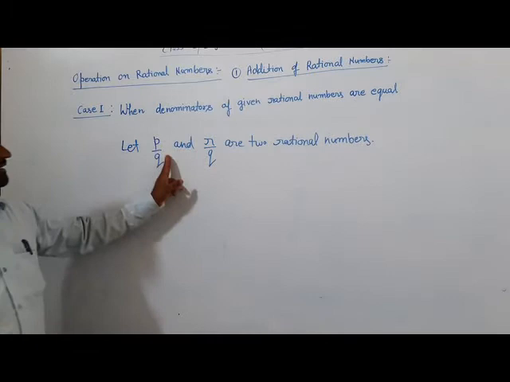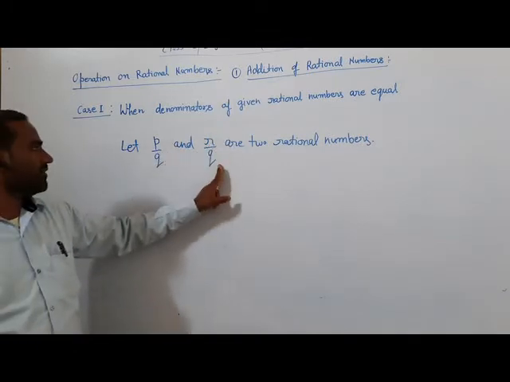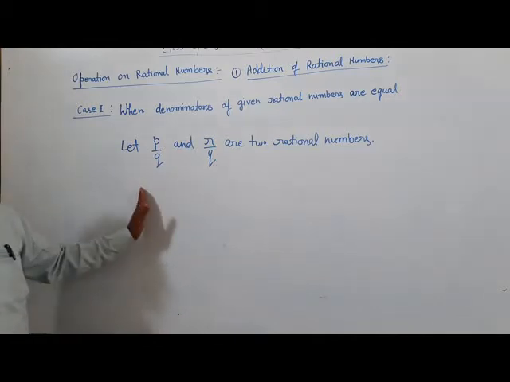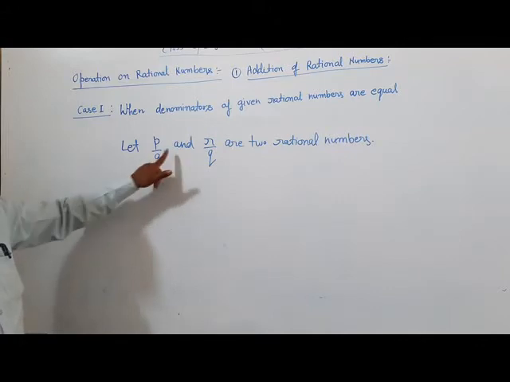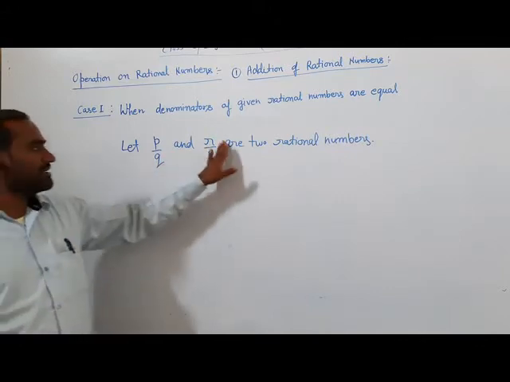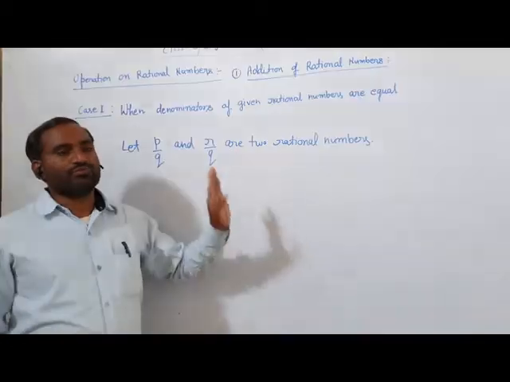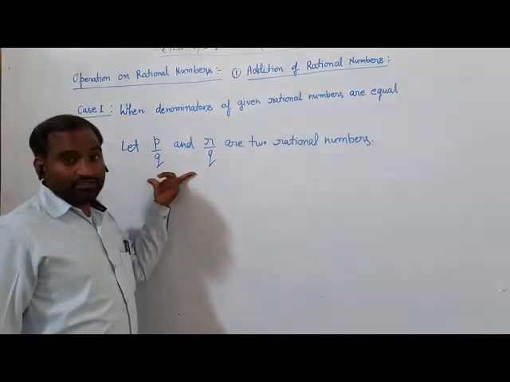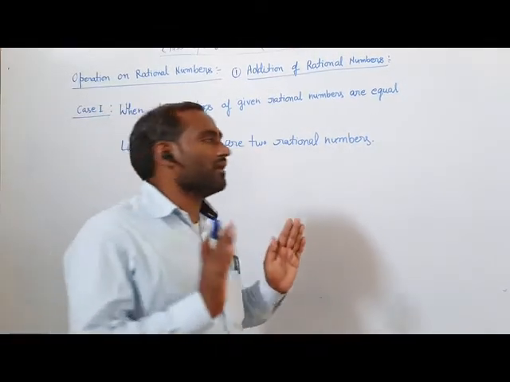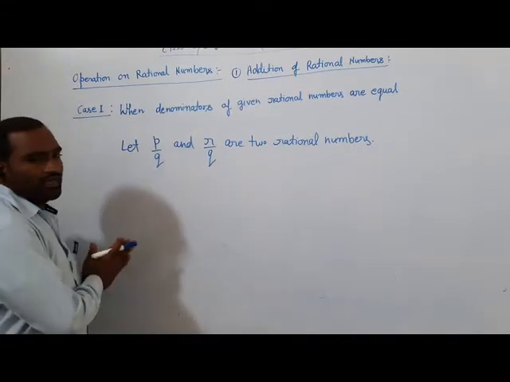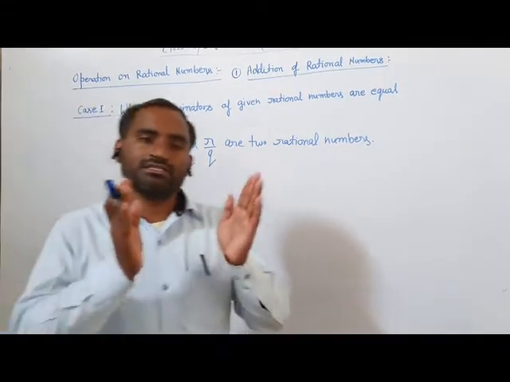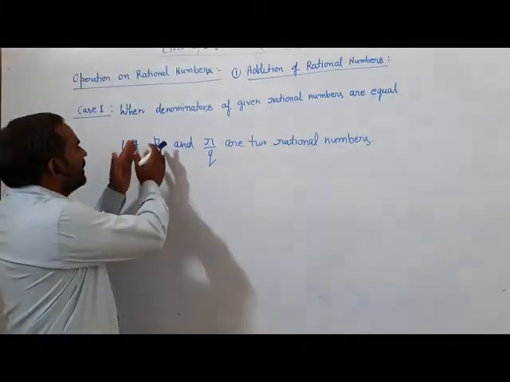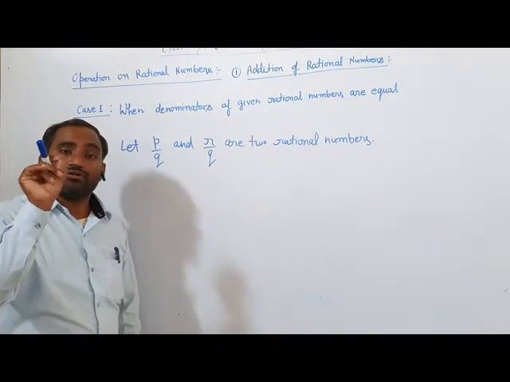In both rational numbers, p by q and r by q, the denominator in the first is q and in the second is also q. So the denominator is common in both. When the denominator is the same in both rational numbers, we add the numerators of both.